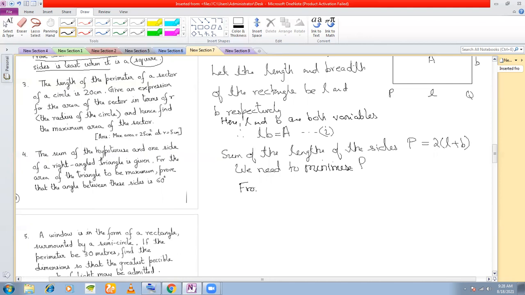So from 1, we have breadth B is equal to A by L. Putting this value in 2.